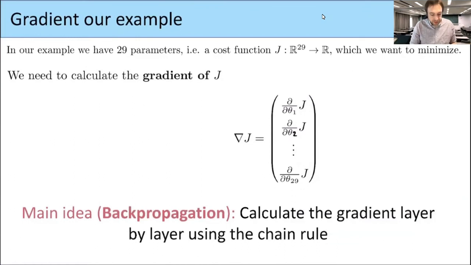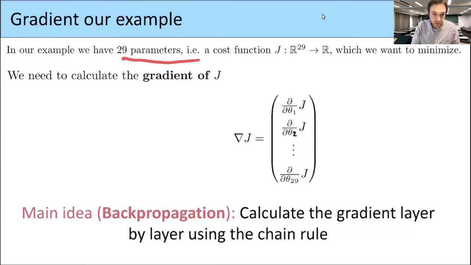Yes, and in our case, we have a lot of parameters in our neural network. In the example of the linear regression, we had this theta, and the number of thetas was not so big.